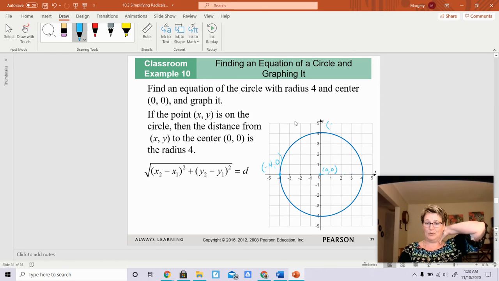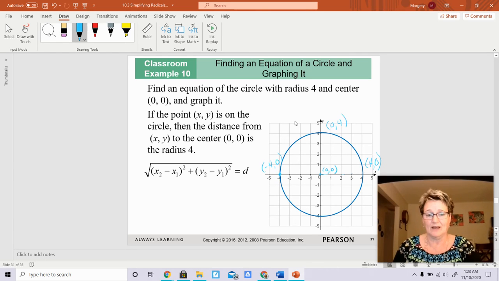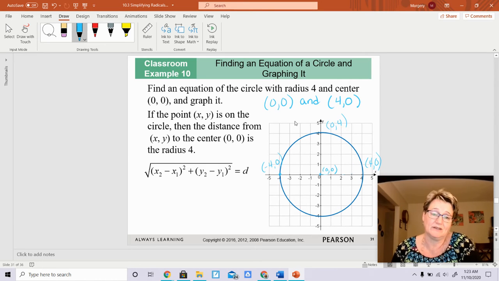Whatever point you want to. I personally don't like negative numbers, so I'm going to use 0, 0 and 4, 0. That's it. You can use any point you want to as long as it's the radius. Okay? I would never use one of these because I can't tell what the points are because it's not perfect.